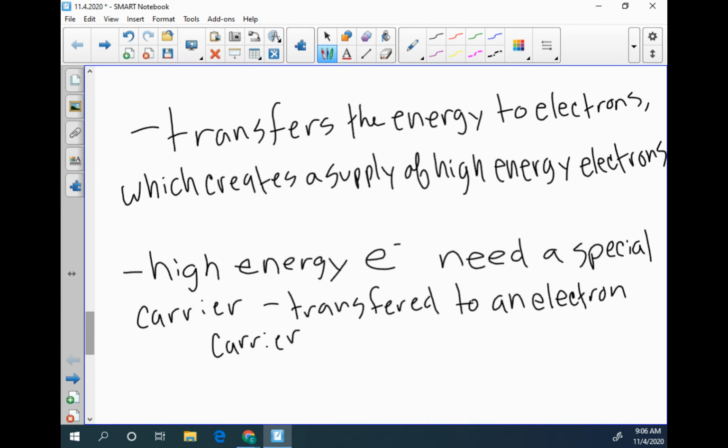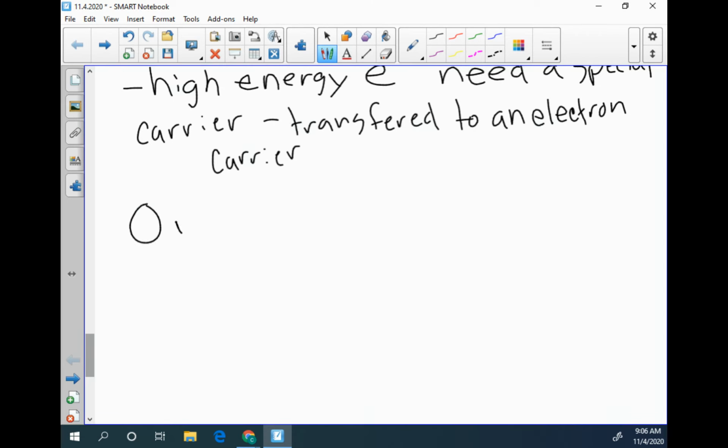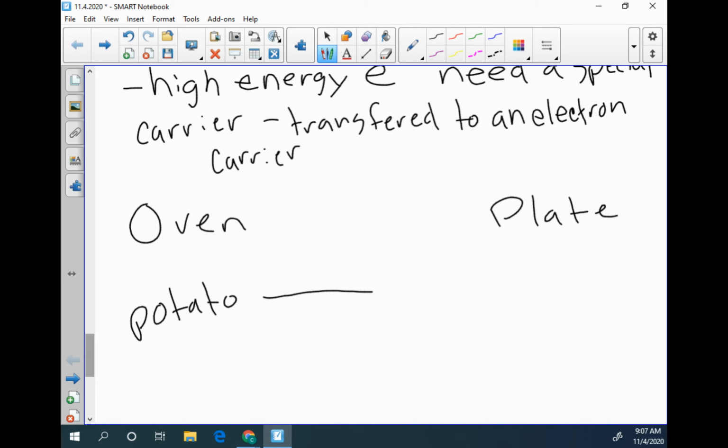So, oven, plate, potato. We're going to use the oven mitt to get from one place to another.